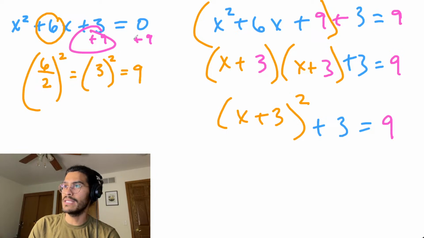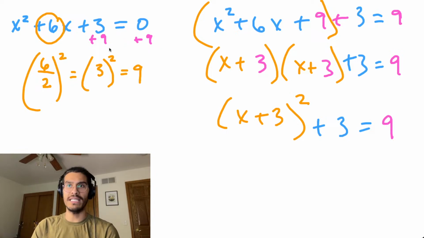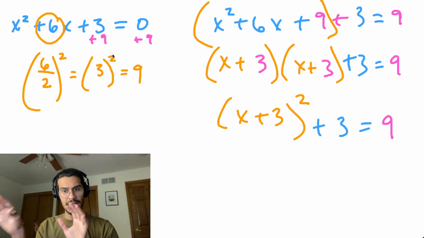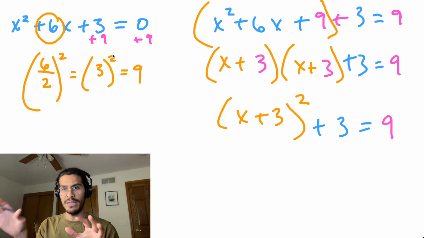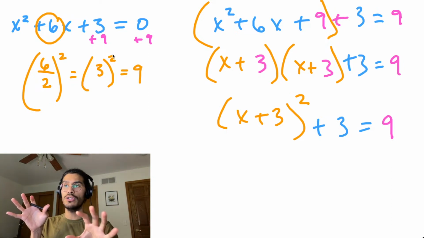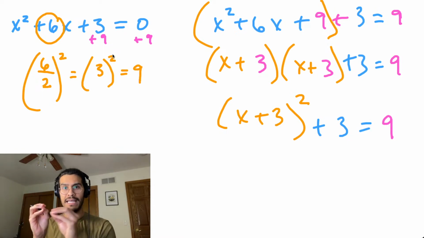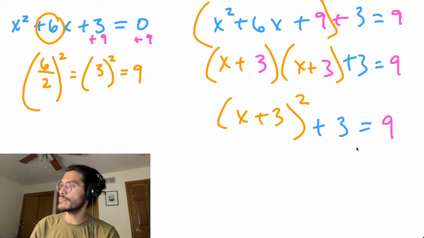The reason we had to add this to both sides is because you can't just change one side of the equation without also changing the other side. In other words, if you only add 9 to one side, then you're changing the equality of the left-hand side and the right-hand side. We want them to still equal each other, so we have to add the same thing onto both sides.